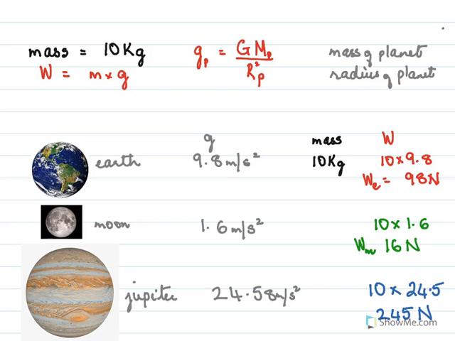And due to this great weight on Jupiter, it would be impossible for a person to walk on Jupiter, because it would require a large amount of force to overcome its weight. The point we try to make here is that the weight of an object depends on its mass, which remains constant, but also on the acceleration due to gravity at that place, at that planet.